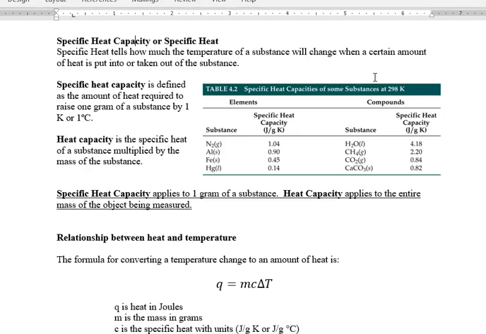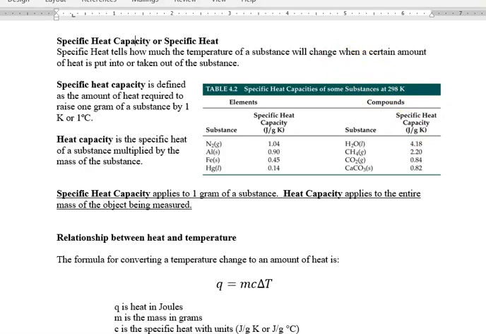So that's heat capacity. Heat capacity is extensive. It depends on the amount of mass. Specific heat is intensive. It doesn't depend on the amount of mass. It's fixed for any particular substance. So specific heat capacity applies to 1 gram of a substance. Heat capacity applies to the entire mass of the object being measured.